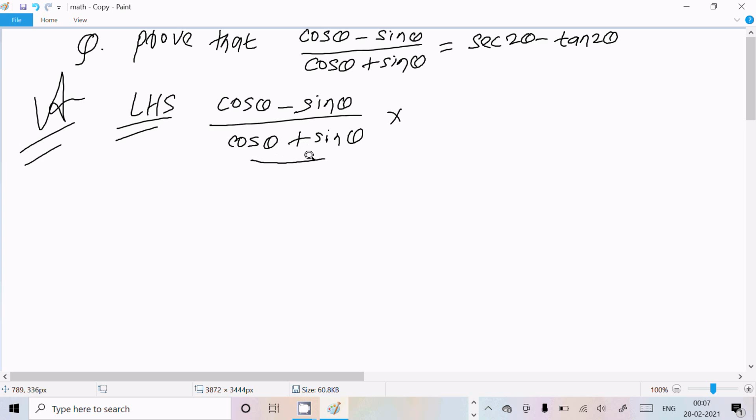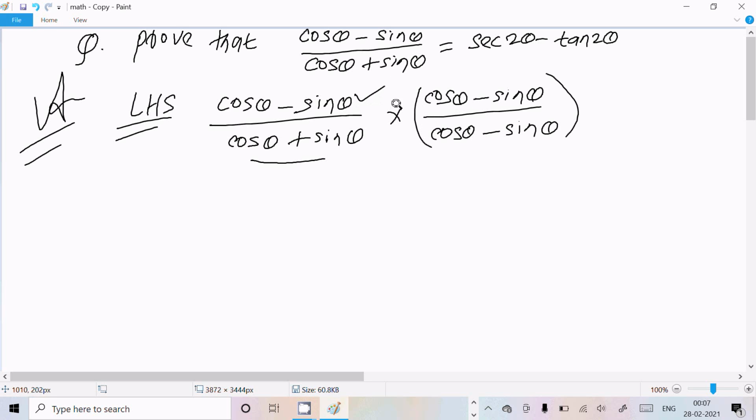The denominator is cos theta plus sin theta, so we can multiply by cos theta minus sin theta in both numerator and denominator. Multiplying and cancelling has no effect on the value. Now the numerator has cos theta minus sin theta twice, so we write (cos theta minus sin theta) whole square.